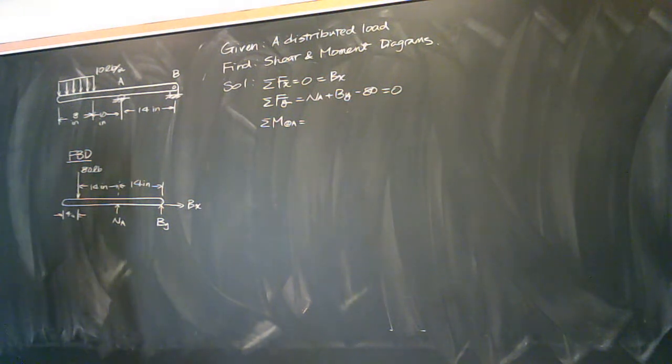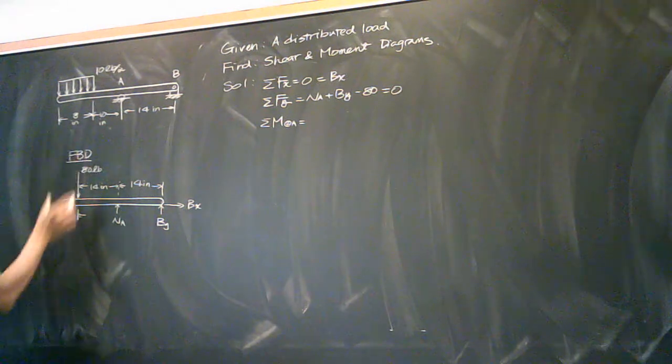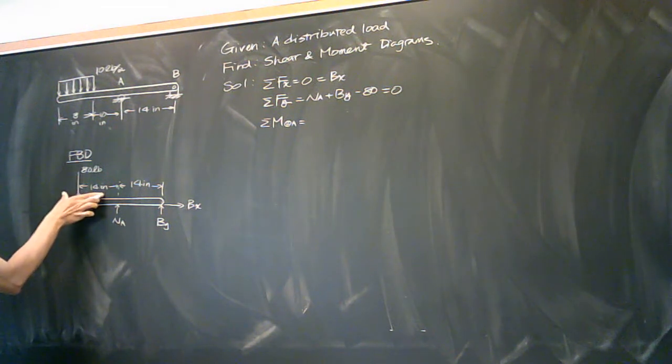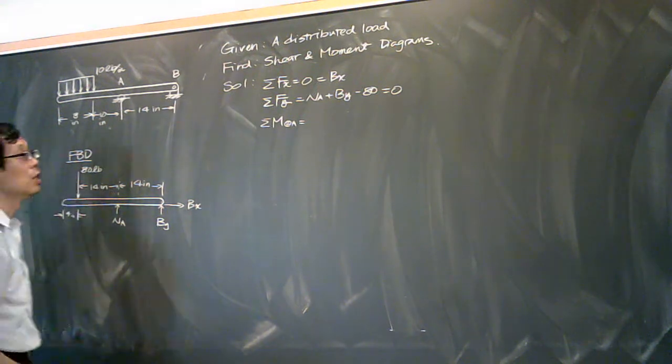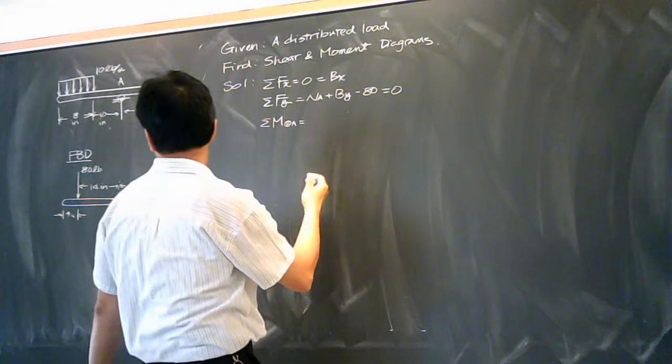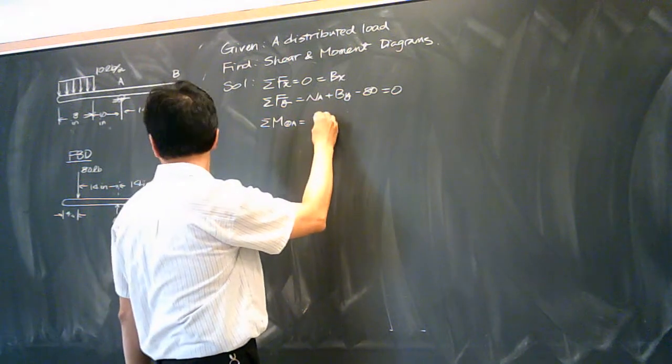Can everybody visualize that? Because I have 18 over here, and it's 4 inches shorter than 18 inches, so make this part 14. So when we do that, I think it's clear.